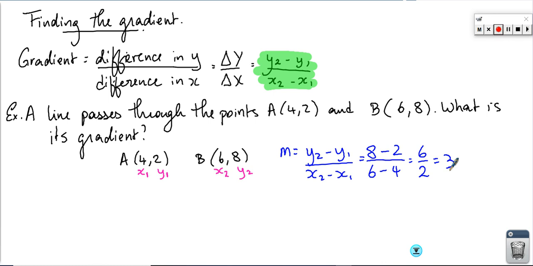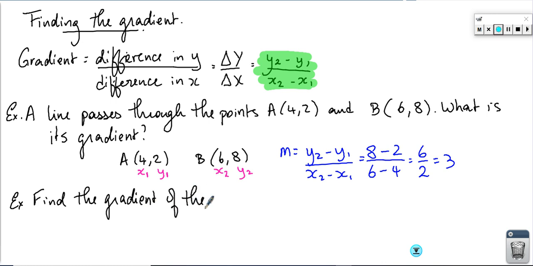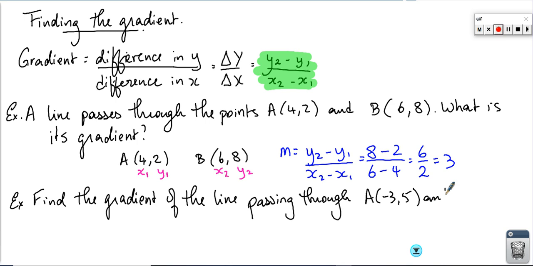Okay, let me work out another example. Find the gradient of the line passing through A (-3,5) and B (2,-6).